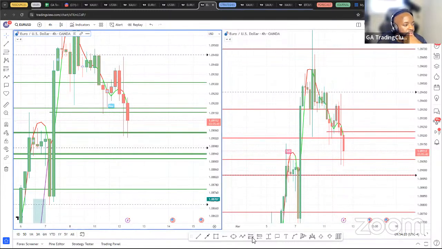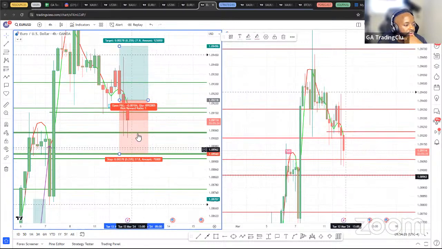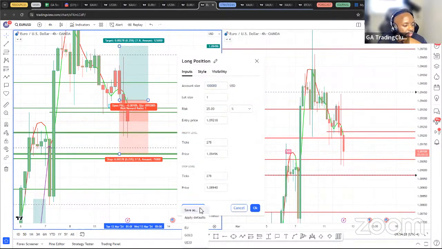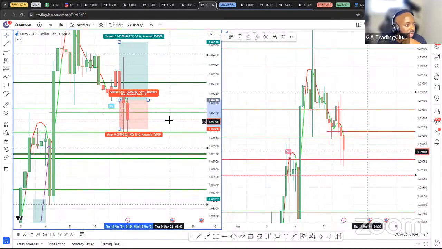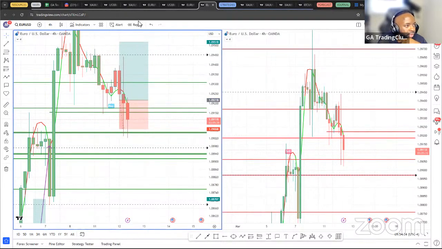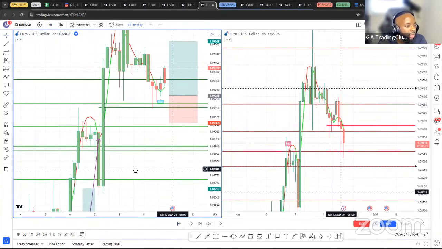Because you'd have waited for price to come back to the low of that candle, and then you enter the trade there. So this one maybe would have been at stop loss. Let me see if price went up first or went down.